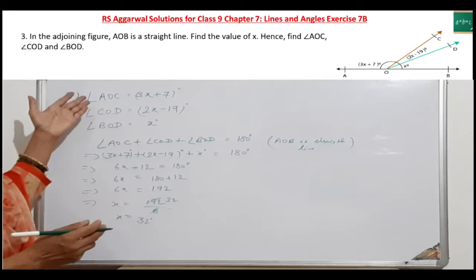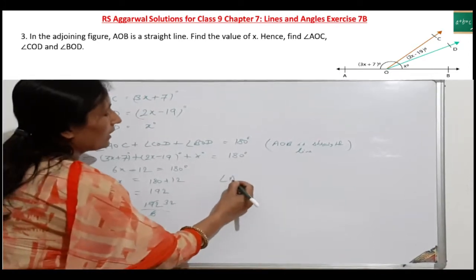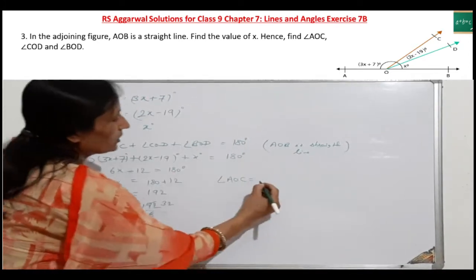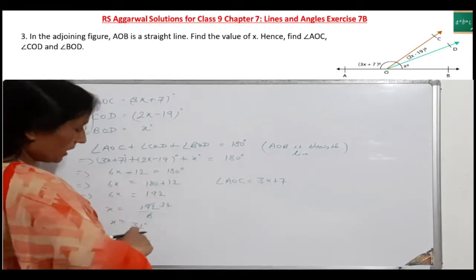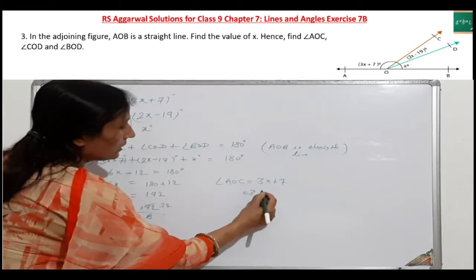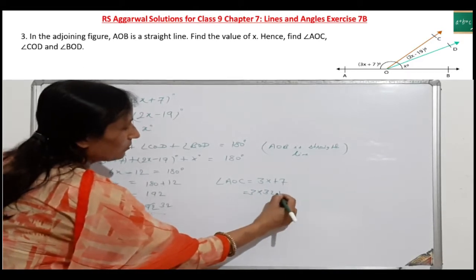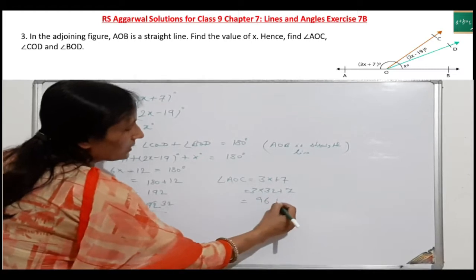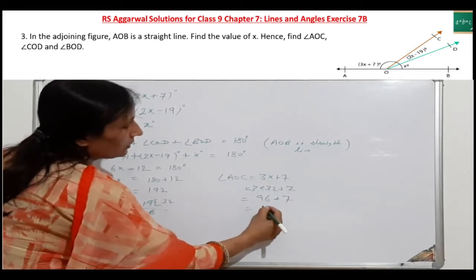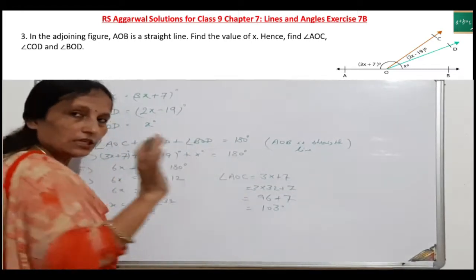Now we will find the value of AOC. Angle AOC is equal to 3x plus 7. Now we will put here the value of x we have got just now. 3 into 32 plus 7 is equal to 96 plus 7. Now it will be 103 degree.